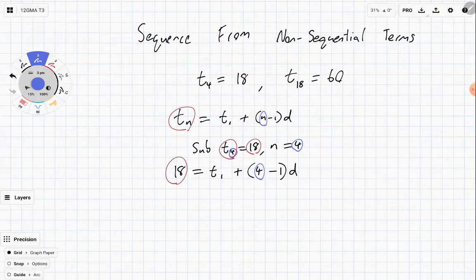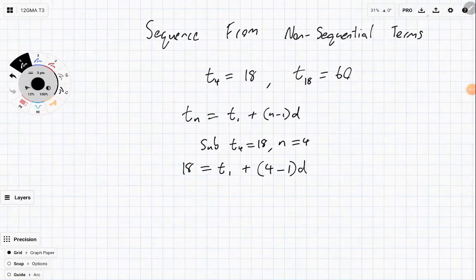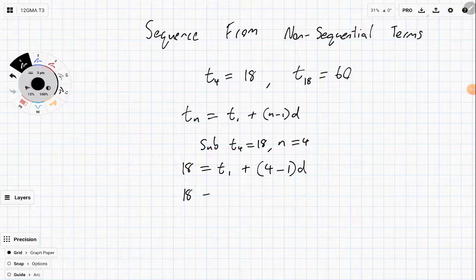Okay, so this is the way that we can actually use it. Alrighty, so I've completed my substitution. Now I'm just going to clean it up a little bit. I've got 18 on the left-hand side, T1 on the right, and 4 minus 1 is just 3, so it becomes 3d.